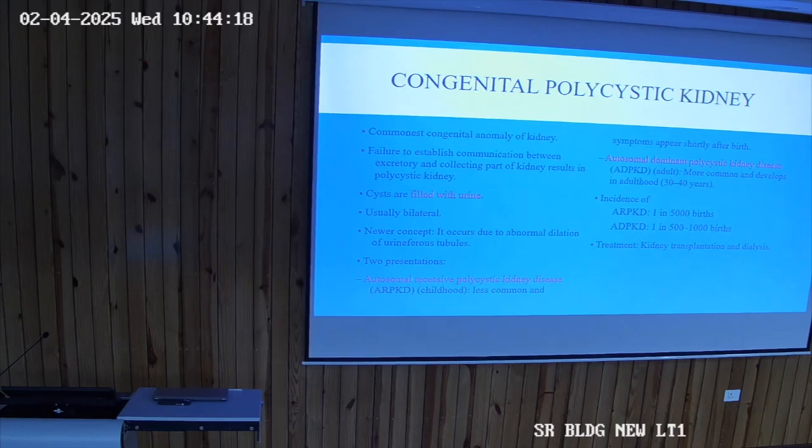It is a common situation, and signs of renal failure develop late in life, in adulthood, not in children, not in infants. So this is the difference between autosomal recessive polycystic kidney and autosomal dominant. Multiple cysts are there, that is why the term polycystic. These cysts are formed either in the collecting duct or in any part of the nephrogenic tubule.